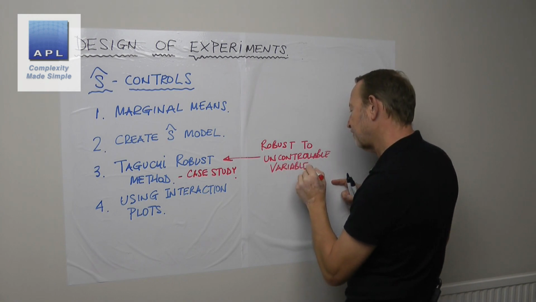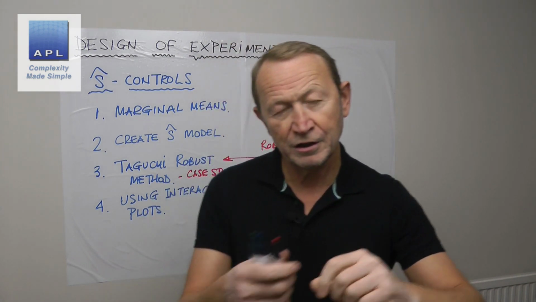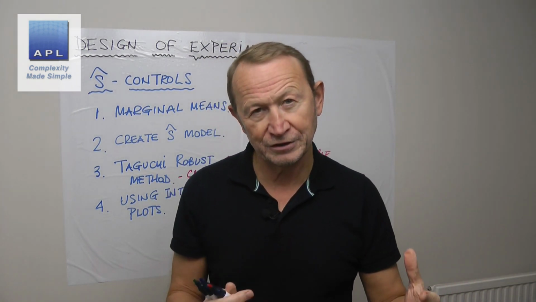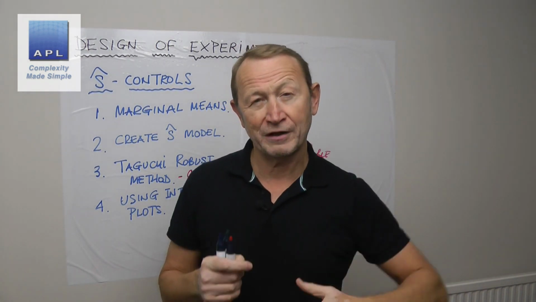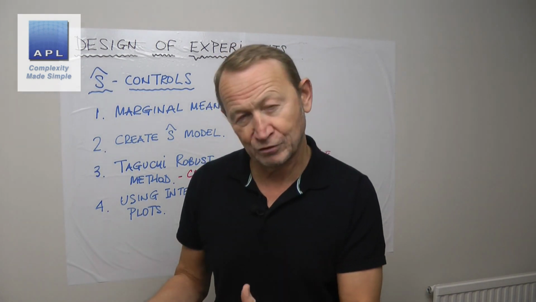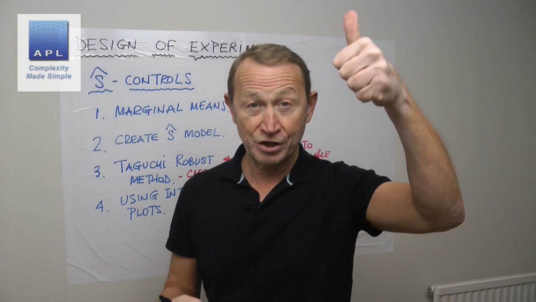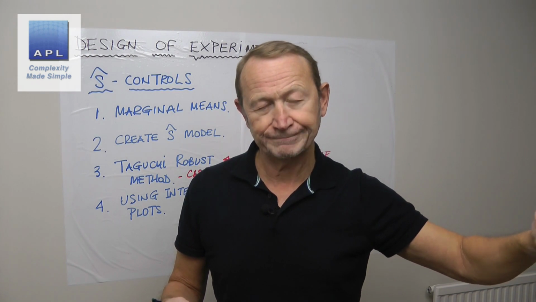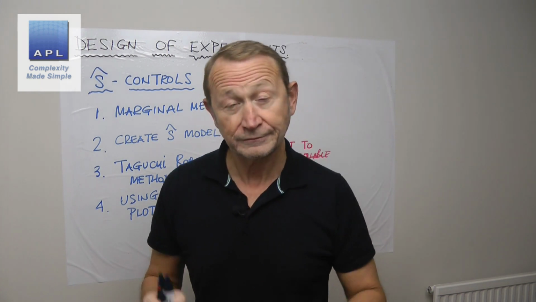So at the very start of this course, we talked about Fisher trying to optimize crop yield in a field. Now, obviously, one of the uncontrollable variables for Fisher is the weather, how warm it is, how much rainfall you get. Fisher would like the yield to go up despite that variable condition. He wants to be robust to weather.